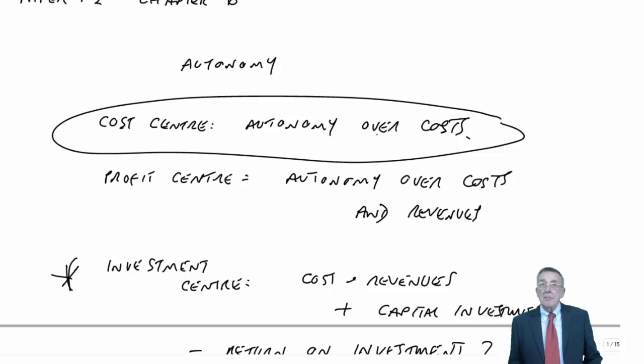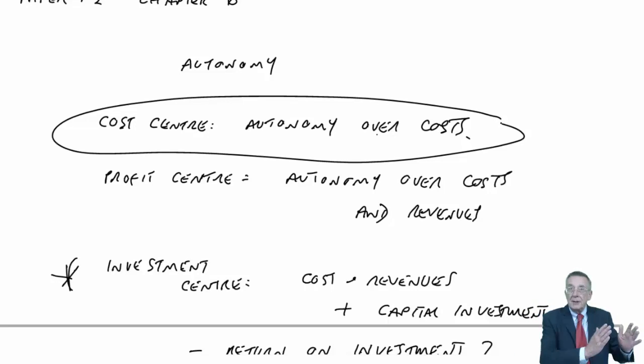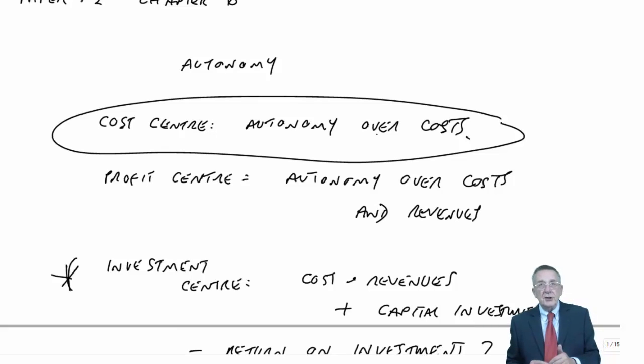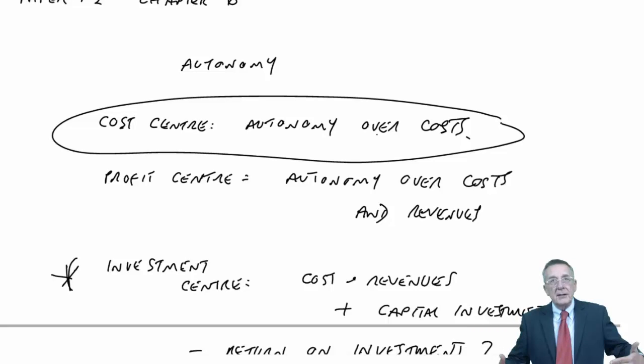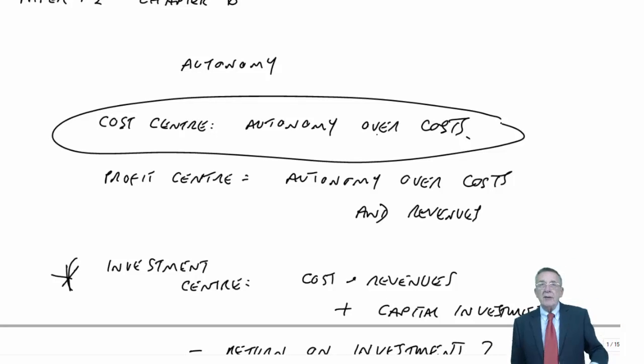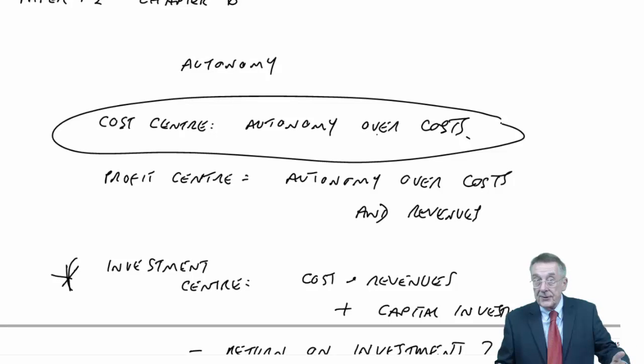It may be important in my business that all divisions are paying the same level of wages. Or, okay, different employees, skilled, unskilled, but perhaps the same pay rise. We can't have one division giving people a pay rise of 10% if the other division's only giving 2%. Well, if that's the case, maybe I'll determine wages, because they have to be standard around the company, and I give you autonomy over all other costs.